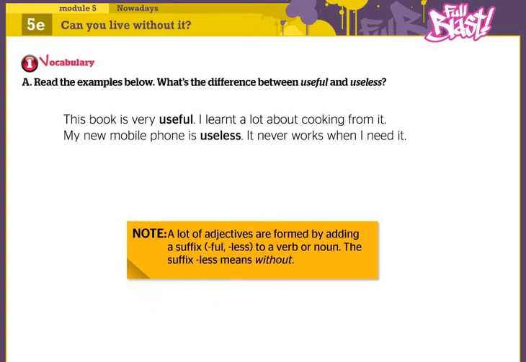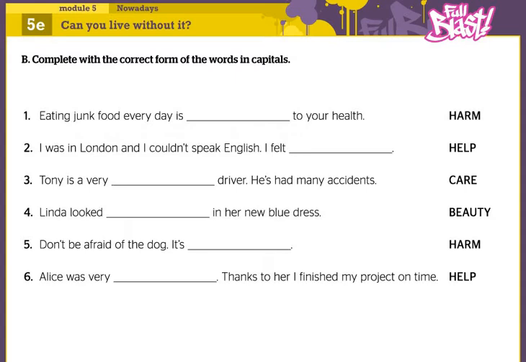Okay, so let's have some kind of practice. Complete the correct form of the words in capitals, right? So we have some certain words here. Harm, to affect something negatively, right? For example, to harm your health, to affect something in a bad way. Help, we know it.